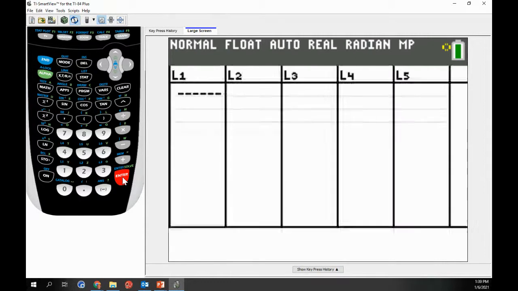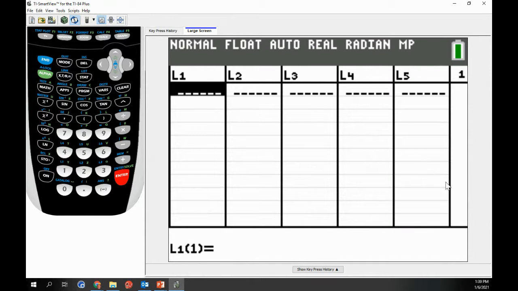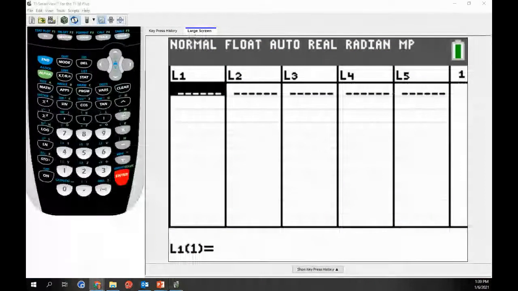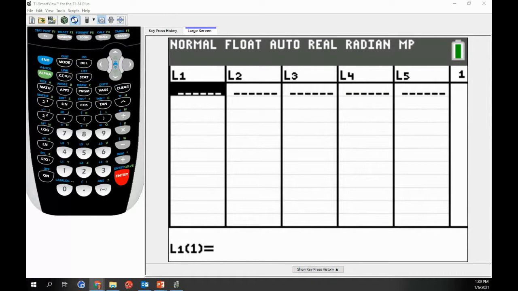So stat edit. Give me a second to get these entered.